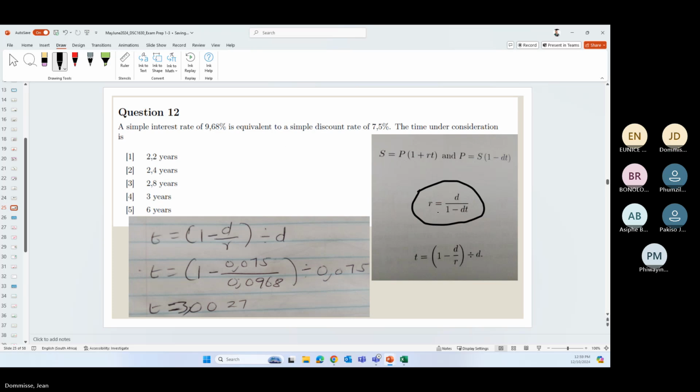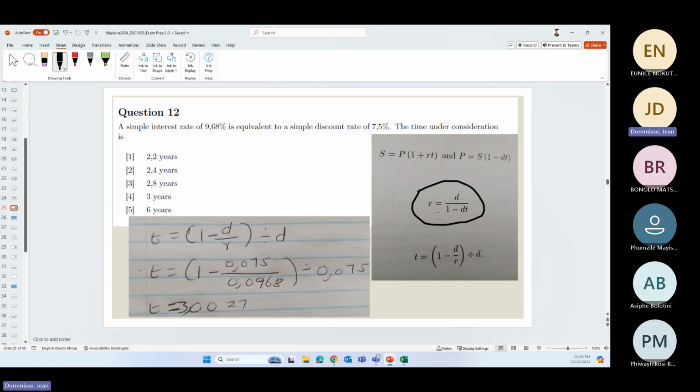So please check. We'll go and look on the page where it was in the study guide. Let me quickly find it, it is a simple discount. I know I've seen it in the study guide. If anybody knows where it is, you can also put it in the chat, but I will quickly page for it.